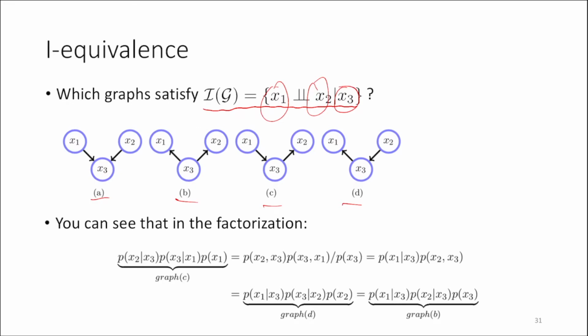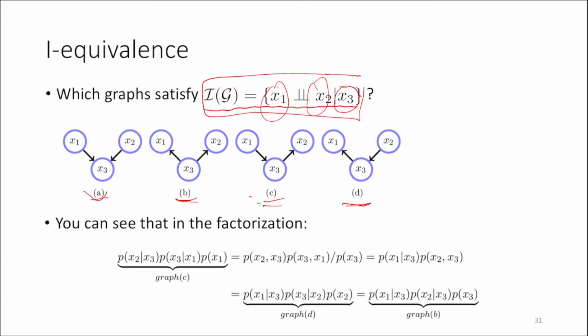This is the V structure type. This is more like a common cause type of structure, and this is more cascade from X to X1 to X2, and this is the other way around. We are asking which of these graphs this set of independence is consistent with.